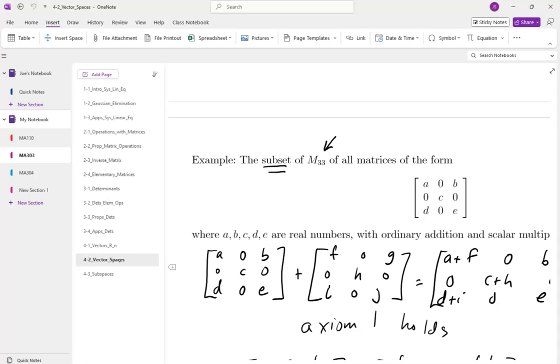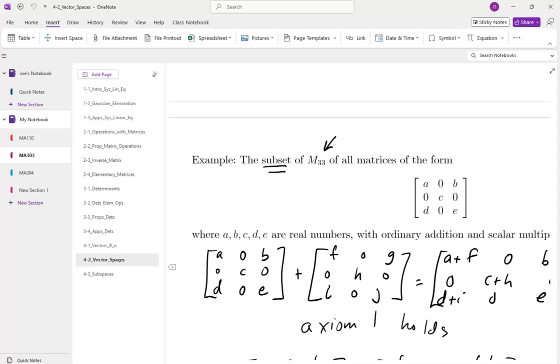So really all we needed to do was check, hey, do I really land back in here again when I add things or multiply by a scalar? Because I already know that the addition's commutative. I don't have to check it again. I already know the addition's associative. I don't have to check it again because it works in the bigger set, so it will work in the smaller set automatically. Okay. Likewise with the distributive axioms.